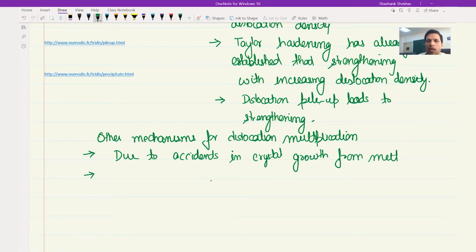Now, dislocations can also be nucleated by homogeneous nucleation. Just like the nucleation of precipitates, there is also the possibility of homogeneous nucleation of dislocations. But the stresses required are again very high, so it is not very probable.